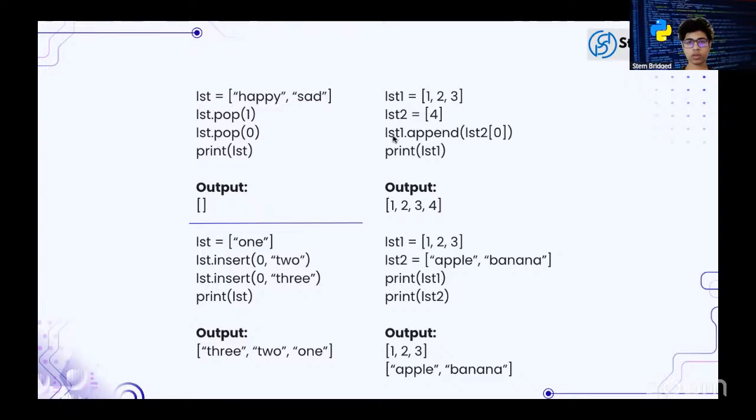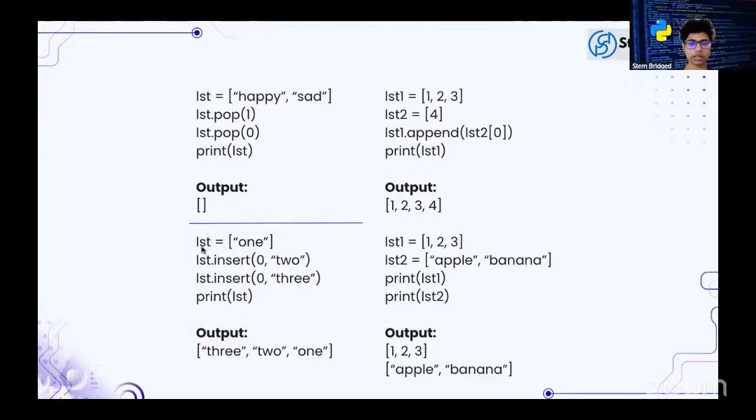So what it did was it appended the value at index zero of list two to list one. So it first got this value, which is four, and then it added it onto list one. That would print that list.